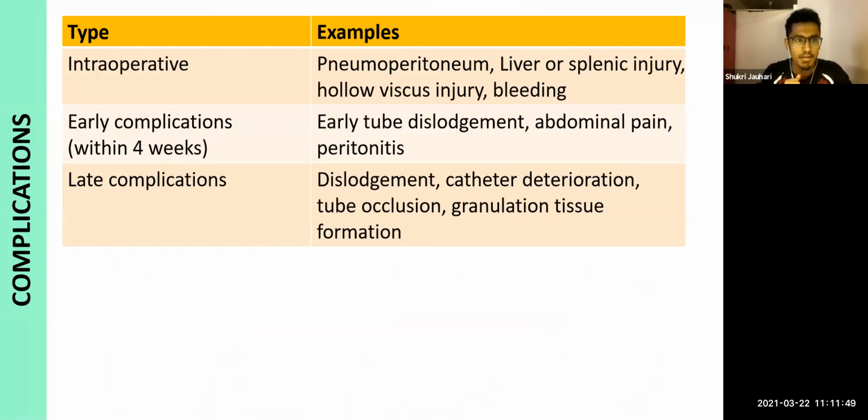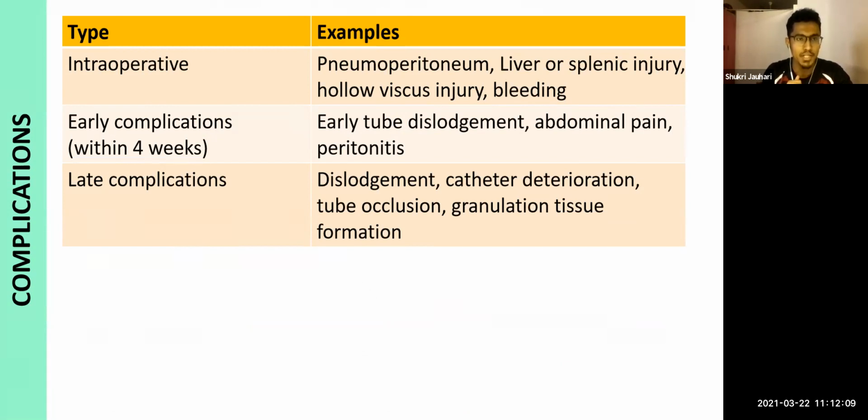Okay. What are the complications of gastrostomy? I divided it into three: intraoperative, early complication, and late complication. For the intraoperative, the patient can have pneumoperitoneum, liver or spleen injury, hollow viscus injury, and also bleeding.